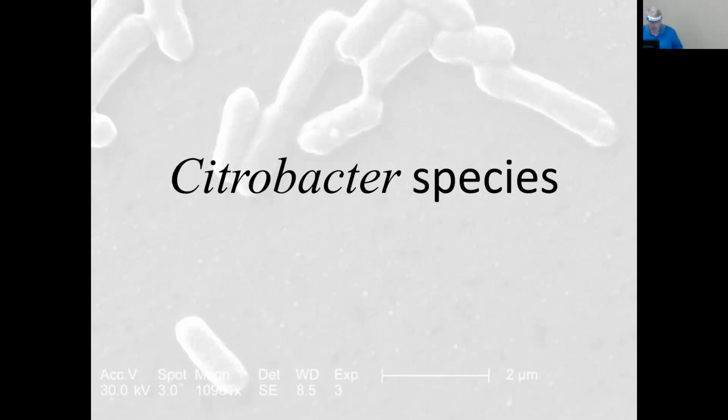So we have Citrobacter. That's the one we're going to start with. This is all out of chapter 19.